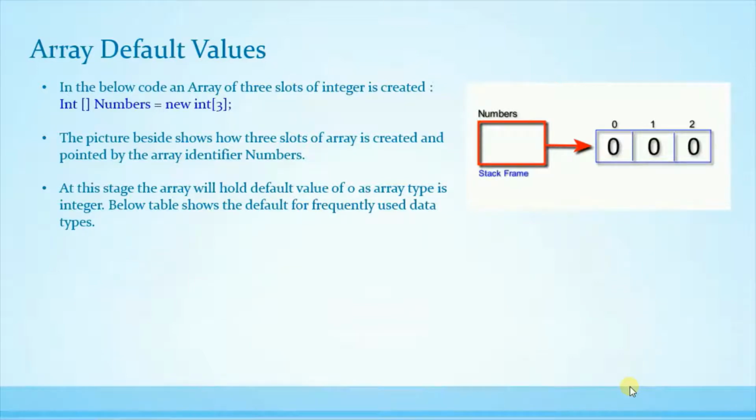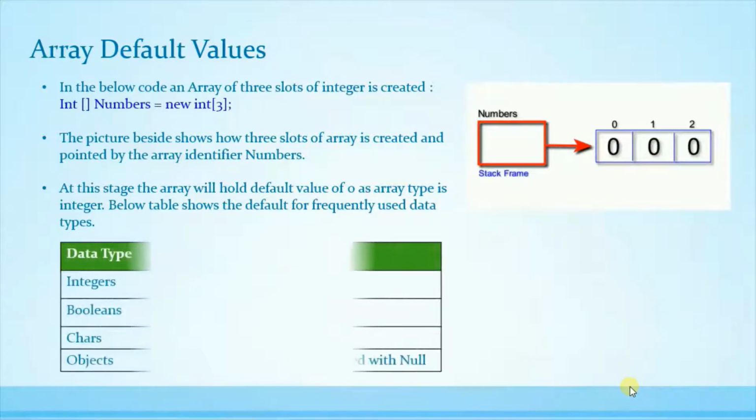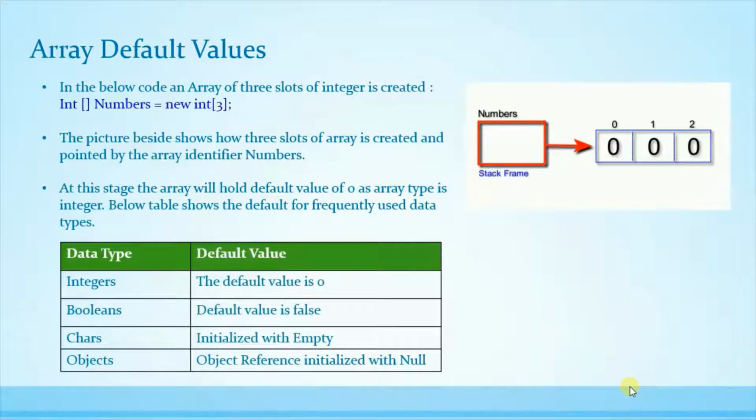For other data types, the defaults are shown here in the table. Integer will hold 0, booleans will hold false, character variables hold empty if not initialized, and in an array we can store objects also. The object will store null if it is not initialized.